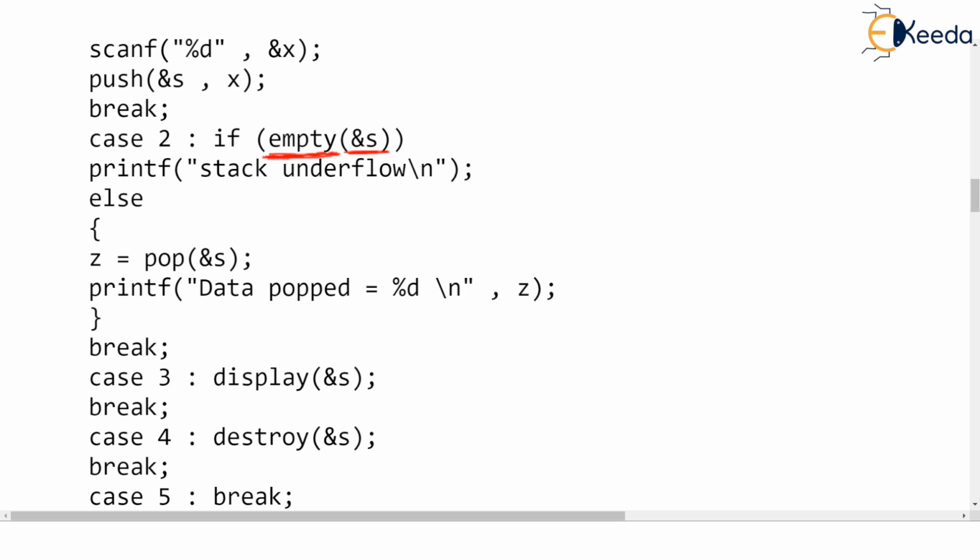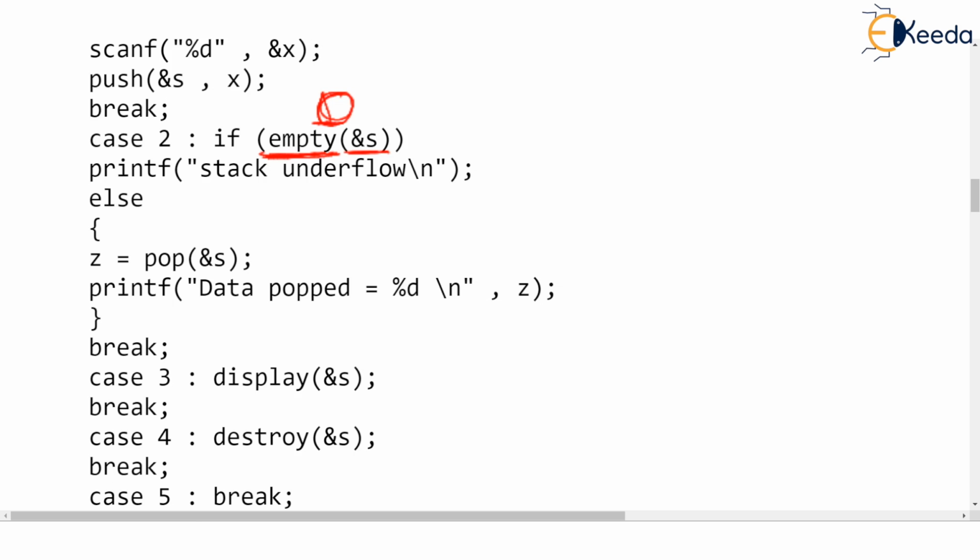And if it is empty, it is going to return true. Yes, it is empty, isn't it? So it returns true. And true means 1. We are going to return 1. But if the stack is not empty, then this function empty is going to return false. Stack is not empty, it's returning false. And false is 0. So this function empty either returns 1 or 0 depending on whether the stack is empty or not.